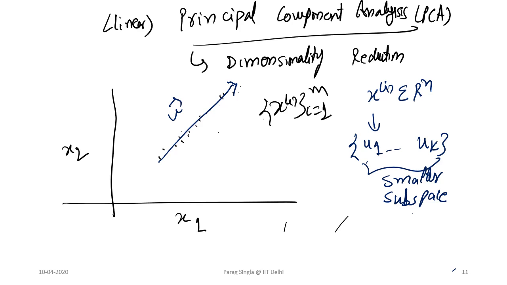So you want to project this n-dimensional space to a much smaller k-dimensional subspace, so that most of the variance in the data is captured, right?